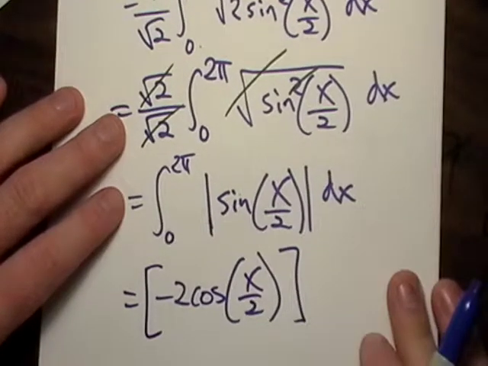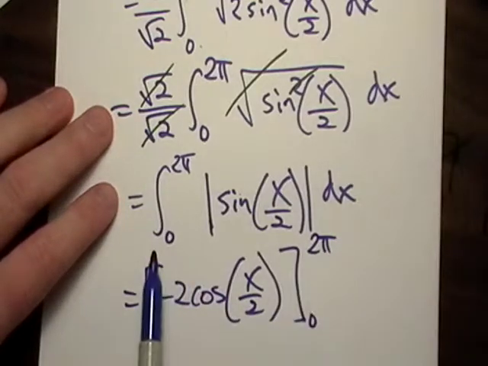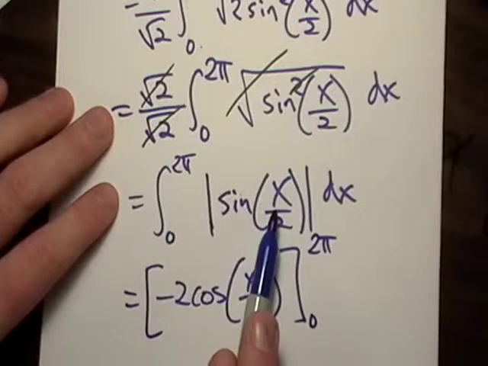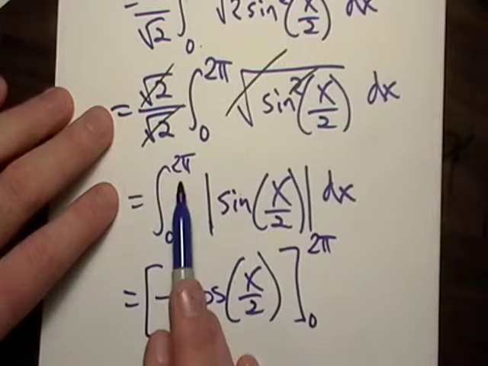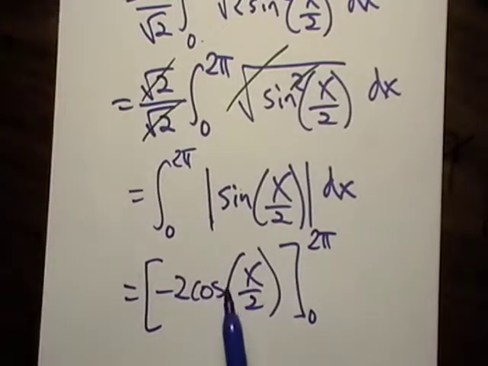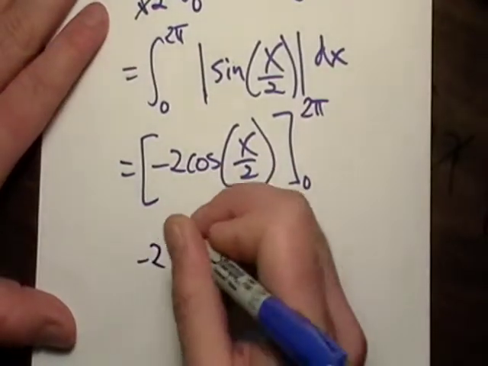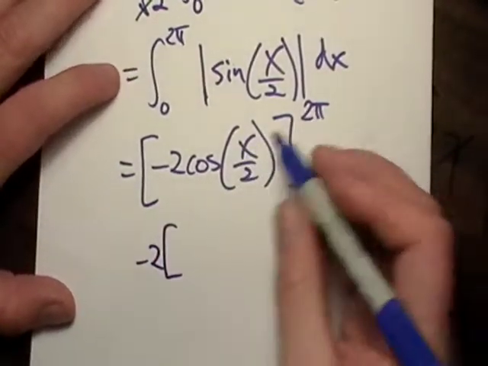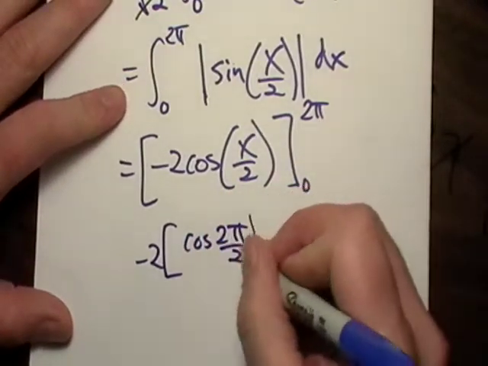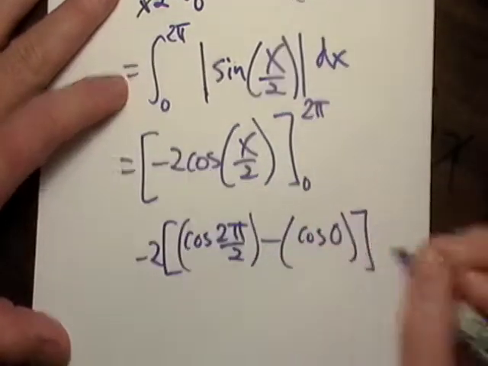And let's see here. You know what? Actually, see, this is a periodic function. This thing is divided in half. So this might end up equaling 0. I told you this might be some trial and error. Let's just see if this integral works right here real quick. So let's go -2 cosine of 2 pi over 2 minus cosine of 0.